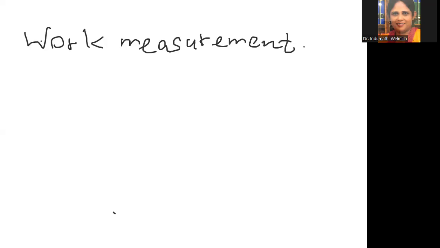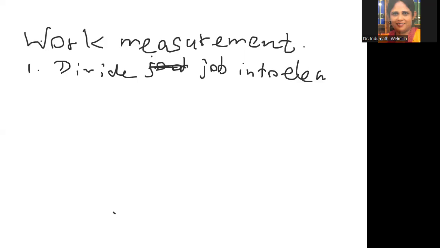First, we divide the job into elements. Next, we need to observe and record each element, already divided, by using any of the work measurement techniques.